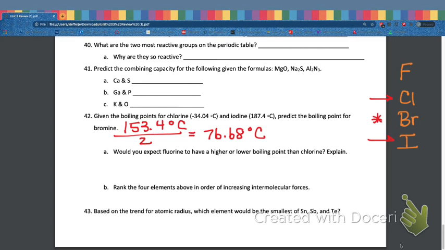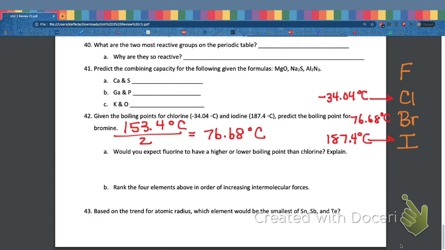Okay, so we know that the boiling point for chlorine is negative 34.04. And we've just figured out the boiling point for bromine is 76.68 degrees Celsius. And iodine has a boiling point of 187.4 degrees Celsius.